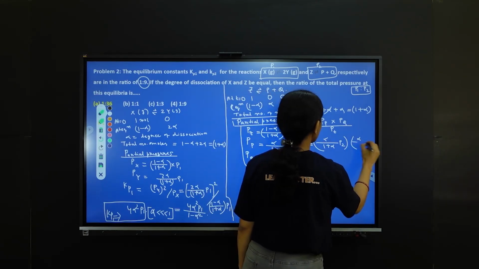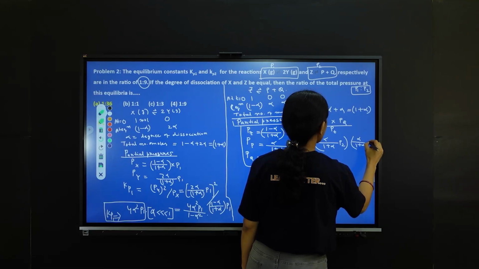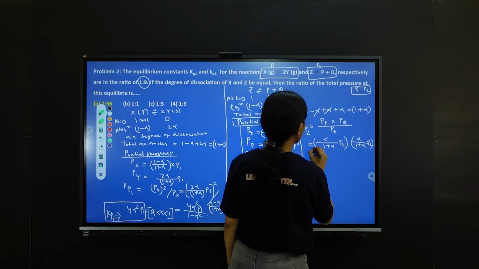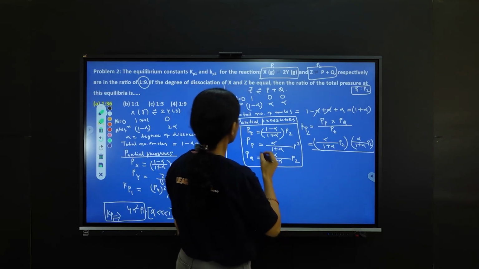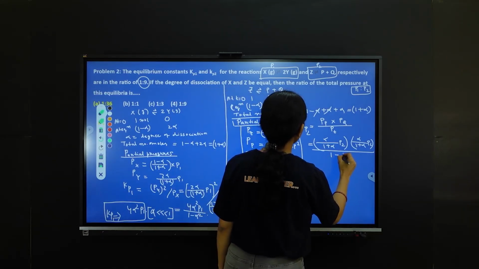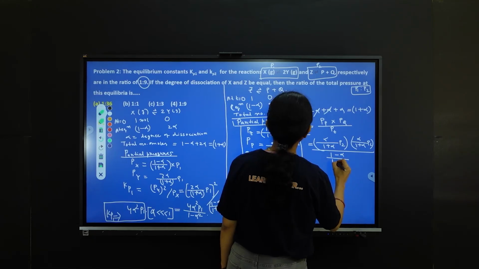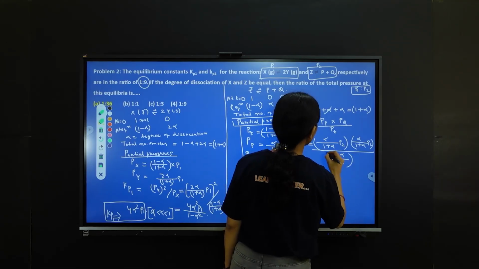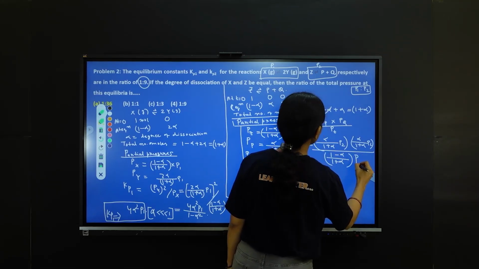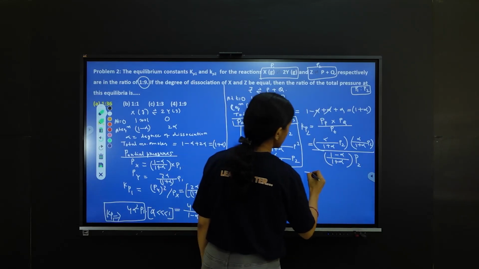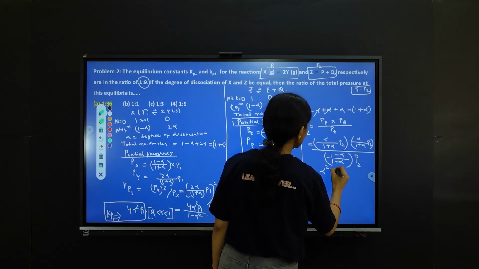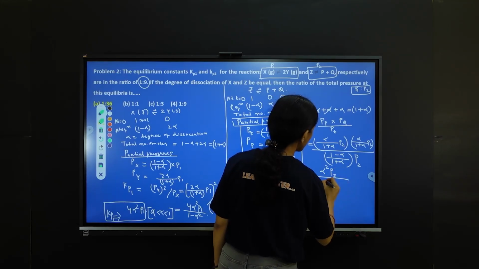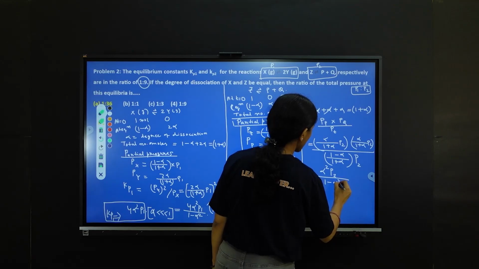So alpha divided by 1 plus alpha times P2 divided by Pz, that is 1 minus alpha divided by 1 plus alpha times P2. If you solve, you will get alpha square P2 divided by 1 minus alpha square.